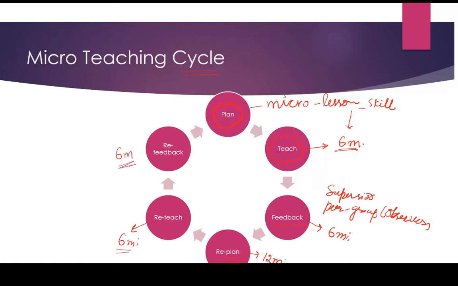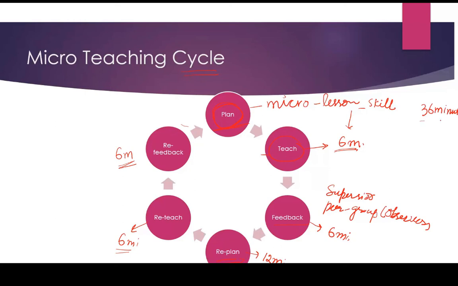So for the whole micro lesson, we exclude the planning because it is before the cycle starts, and from teaching till the feedback, the micro lesson has a duration of 36 minutes.